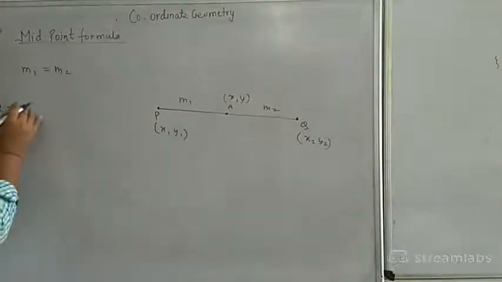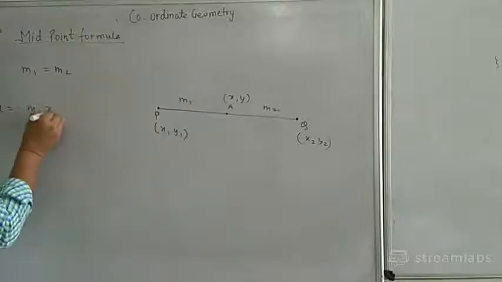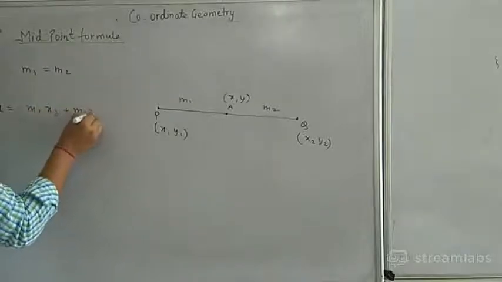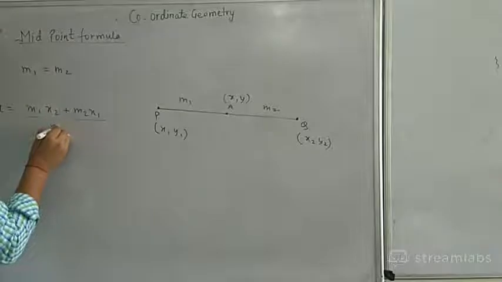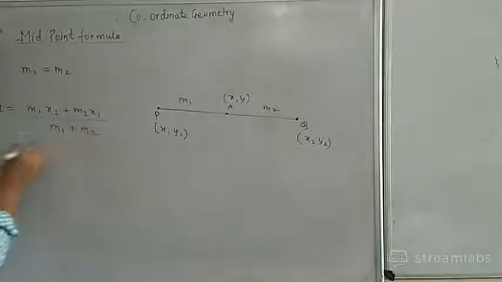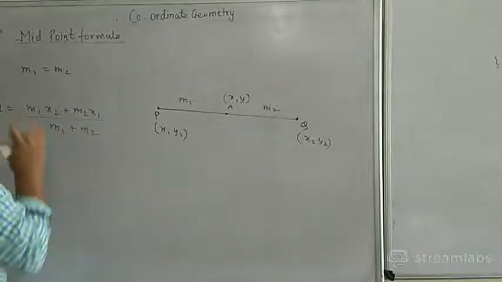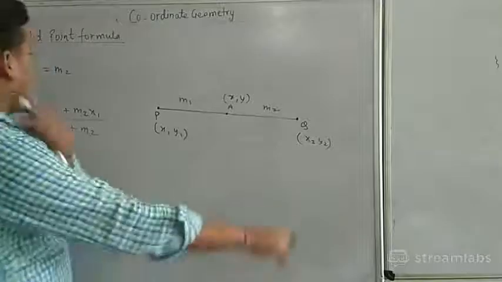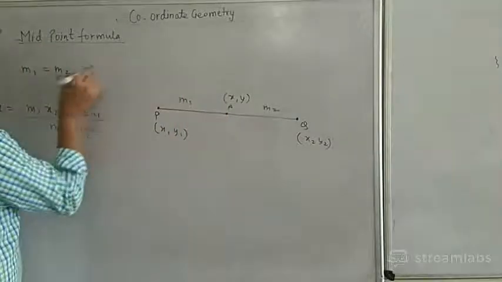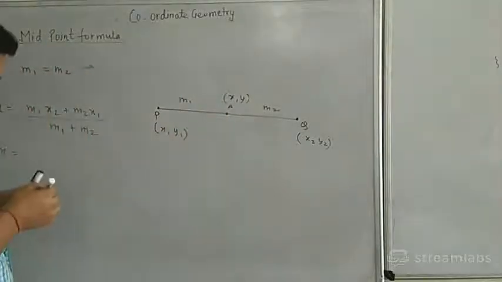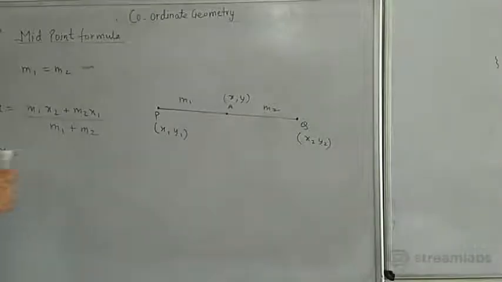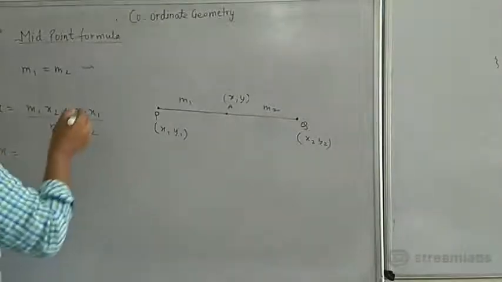What is the value of x? You know that x is equal to M1 x2 plus M2 x1 upon M1 plus M2. What is the value of y? Look at this carefully. If M1 is equal to M2, can you write M1 and M2 in the form of a ratio?